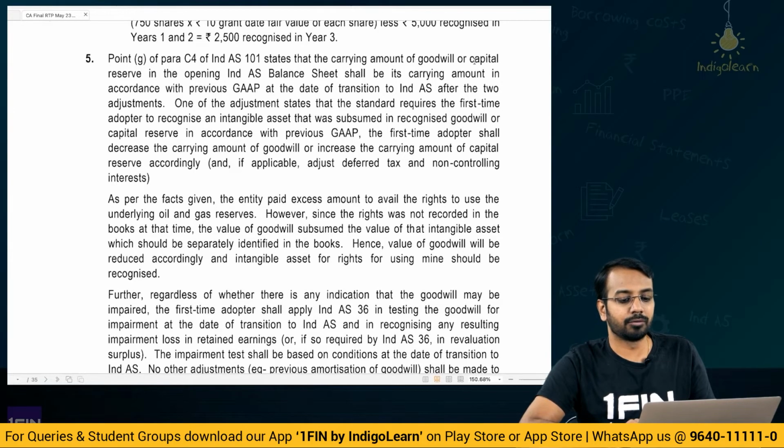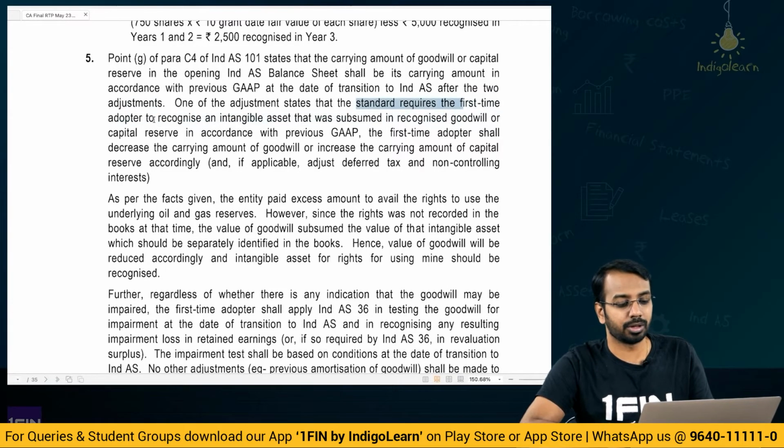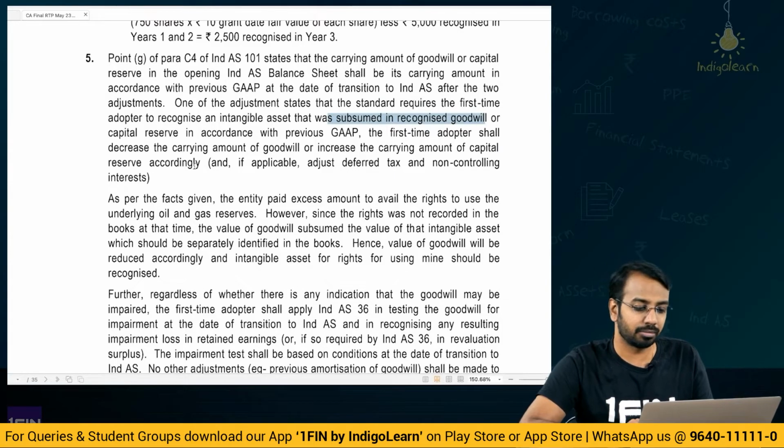The carrying amount of goodwill or capital reserve in the opening Ind AS balance sheet shall be its carrying amount in accordance with the previous GAAP at the date of transition to Ind AS after 2 adjustments. One of the adjustments states that the standard requires the first time adopter to recognize an intangible asset that was subsumed in recognized goodwill or capital reserve in accordance with previous GAAP. The first time adopter shall decrease the carrying amount of goodwill or increase the carrying amount of capital reserve accordingly.